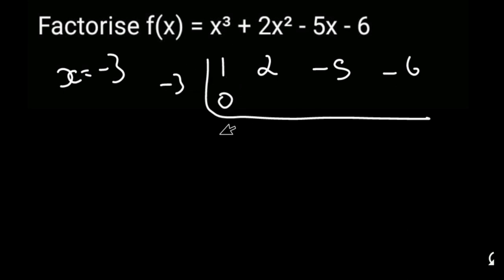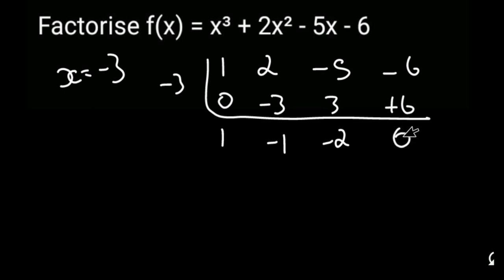1 plus 0 is 1. 1 times negative 3, you get negative 3. 2 minus 3, you get negative 1. Negative 1 times negative 3, you get positive 3. Negative 5 plus 3 is negative 2. Negative 2 times negative 3, you get positive 6. Negative 6 plus 6, you get 0.